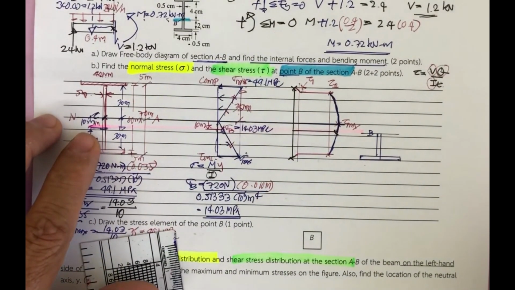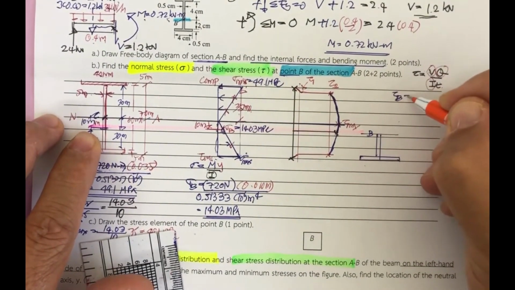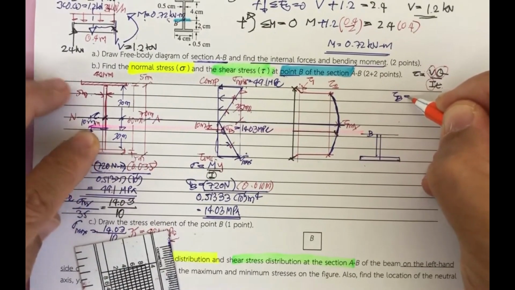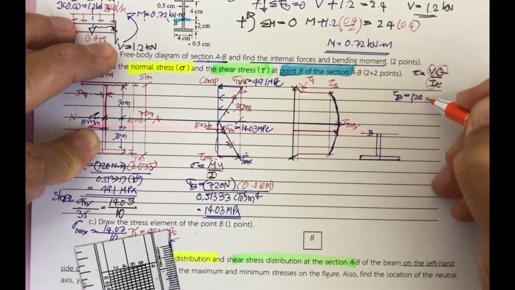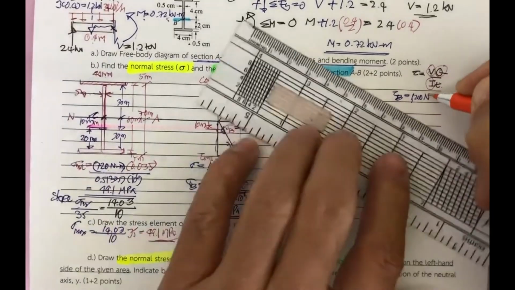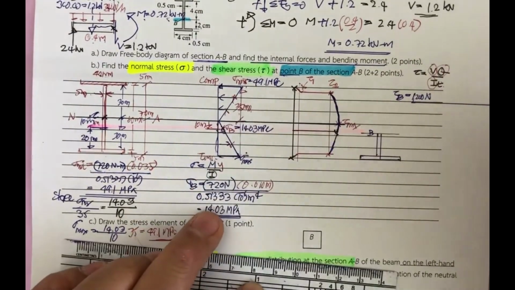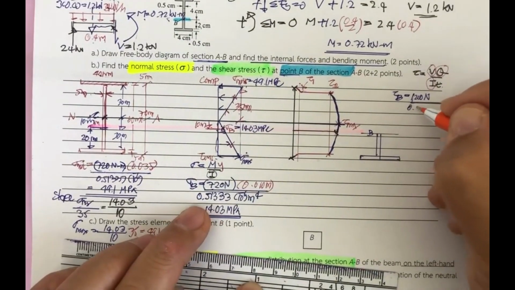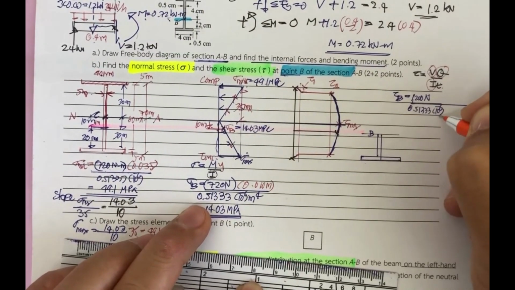The tau sub B is going to be computed based on the shear here, 1,200 Newton, and then divided by the moment of inertia, 0.151333 times 10 to the minus 6.